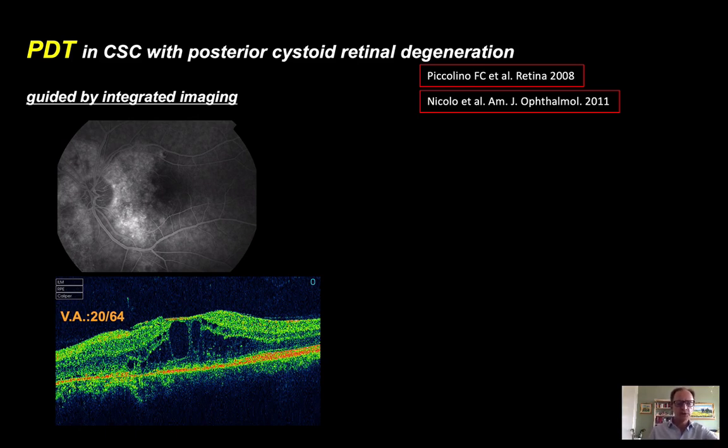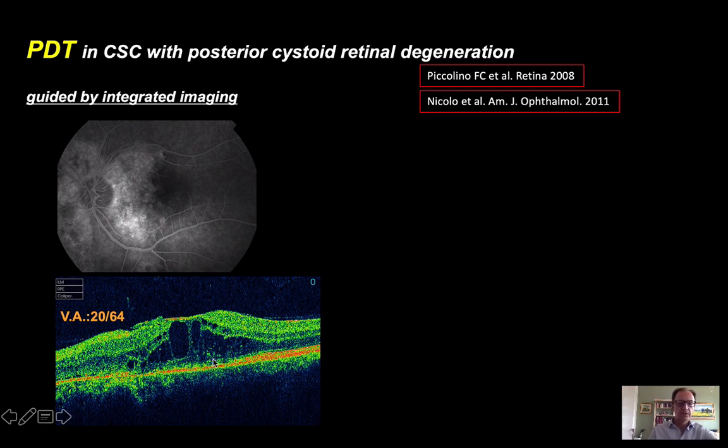There is a huge decompensation of the retinal pigment epithelium, and OCT showed a posterior cystoid retinal degeneration due to the fact that the fluid infiltrates from the choroid directly into the retinal tissue, due to the fact that there is an RPE which is very thin and thick.